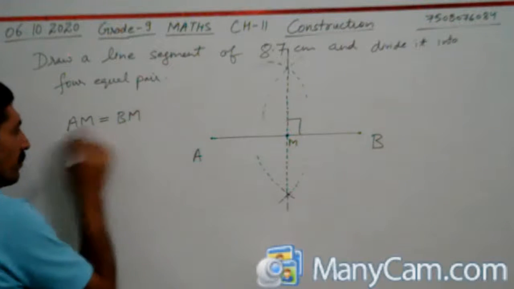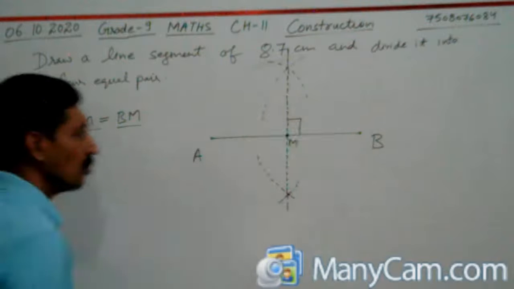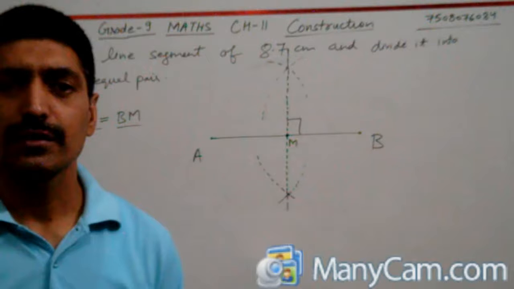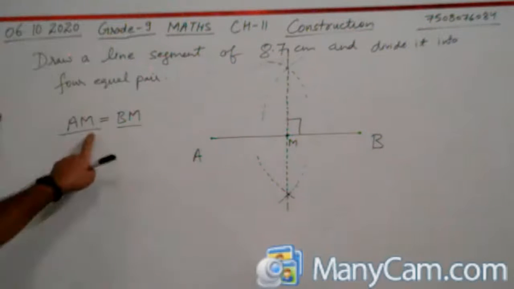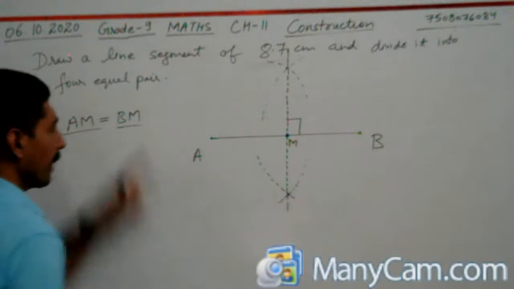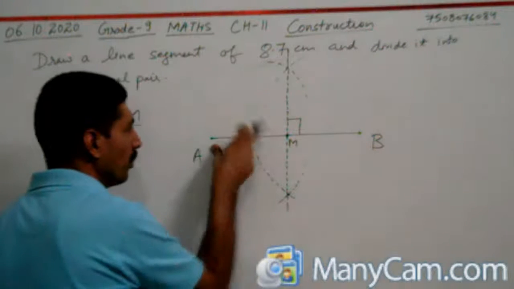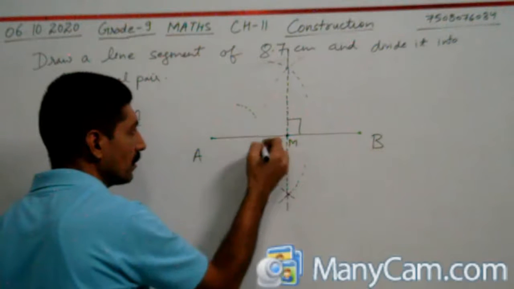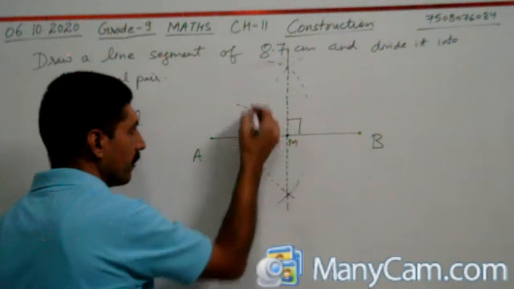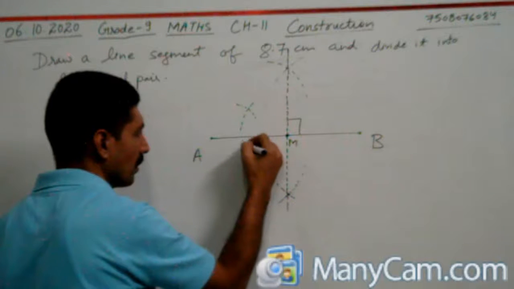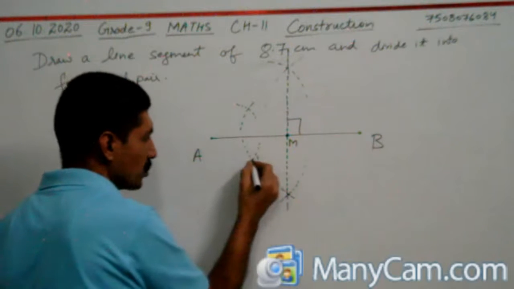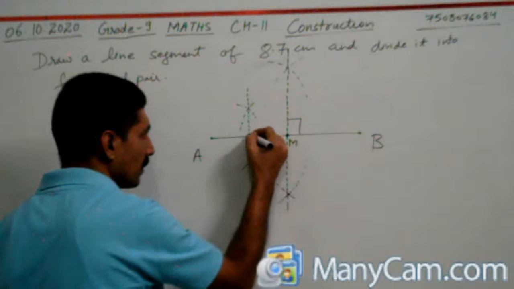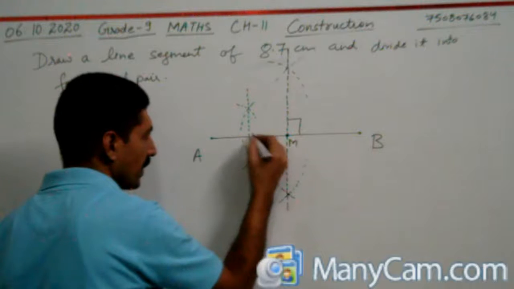But if you want to divide it into 2 more parts, these 4 equal parts, we have to do this process again for AM and BM, right? For AM and BM, again open the compass more than half, and from this side also, and where these 2 arcs intersect, we will join them.